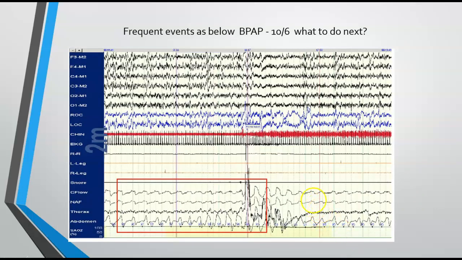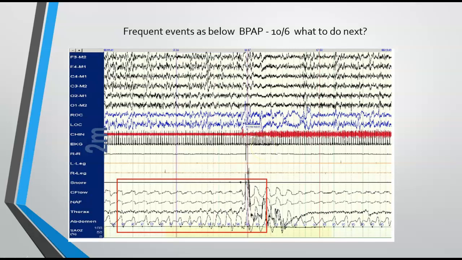Now you are at a pressure of 10/6 and you're seeing this type of event for the next couple of minutes. This is a hypopnea causing a desaturation from 96 to 91 and then an arousal as well. So now you're seeing hypopnea.